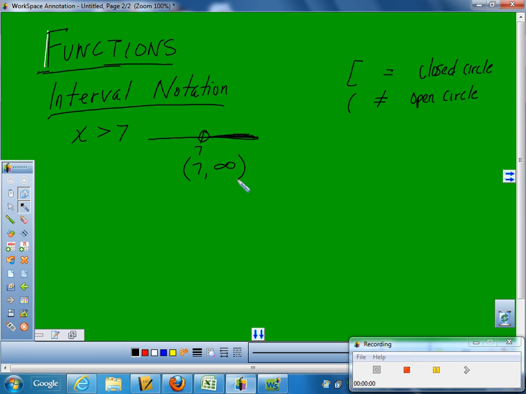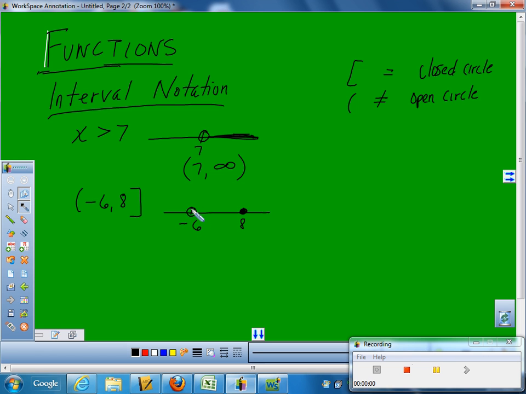Interpret for me, if I gave you this interval, what would that be on a number line? How would you graph that? It starts at -6 and it goes to 8. It's equal to 8, but it's not equal to -6. In our old system, we would have closed the 8 and opened the -6.